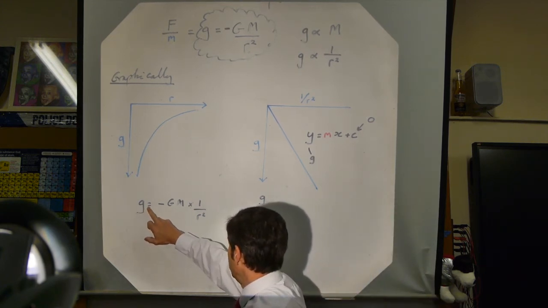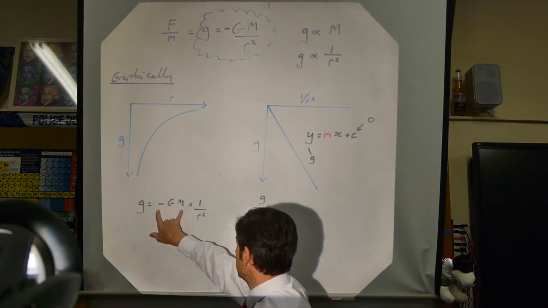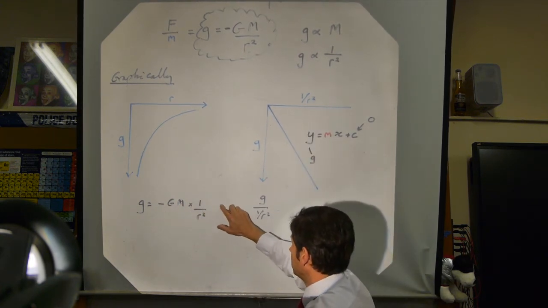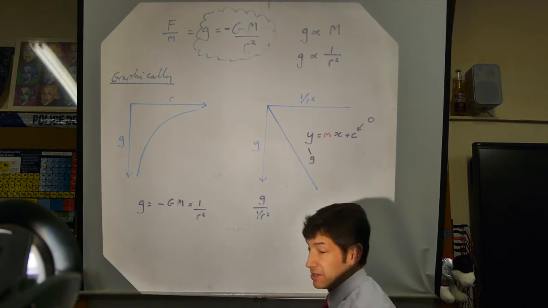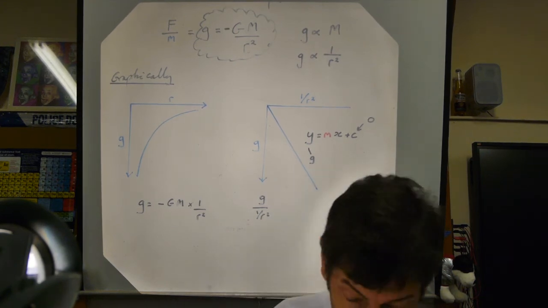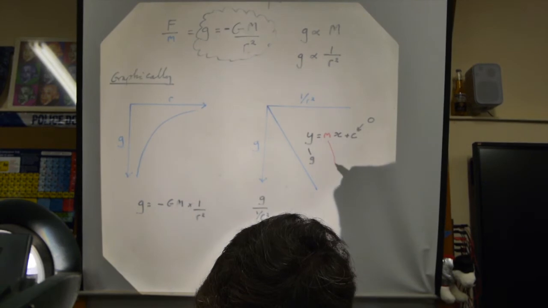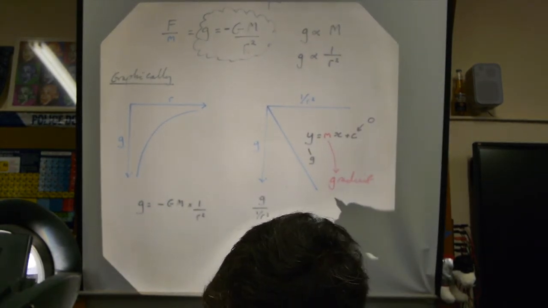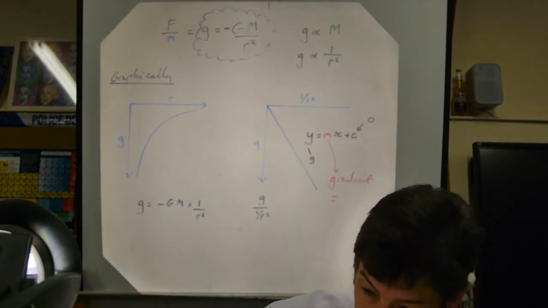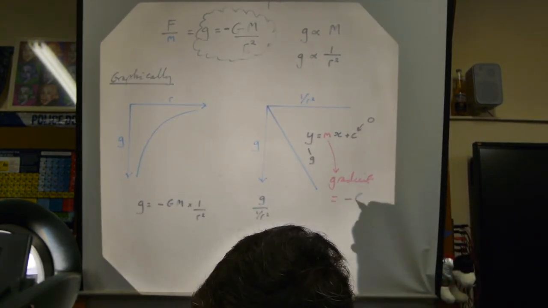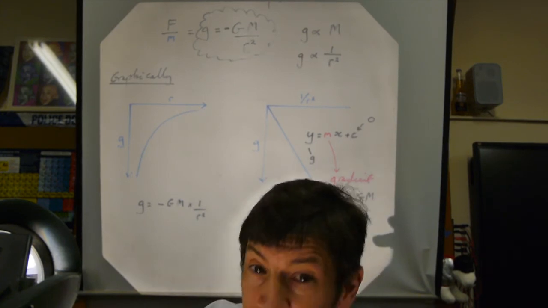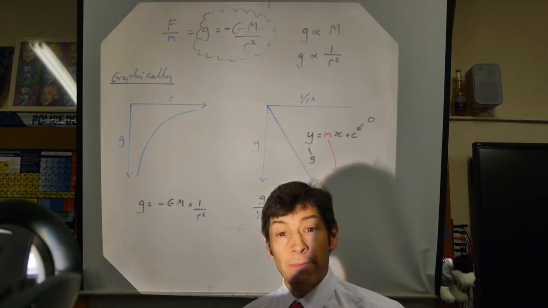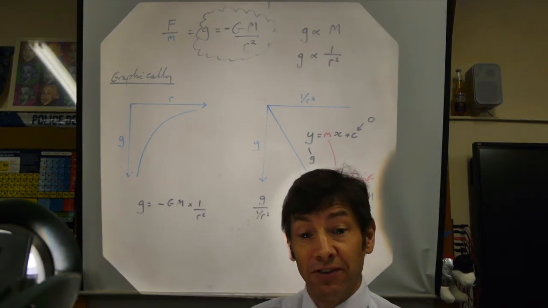y equals m, there's our x value, plus c, and there's no plus c. So what comes out of this is that this m here, which is the gradient, is equal to minus big G big M. So that's a way of using graphs, and you could be asked to do something like this at A level.